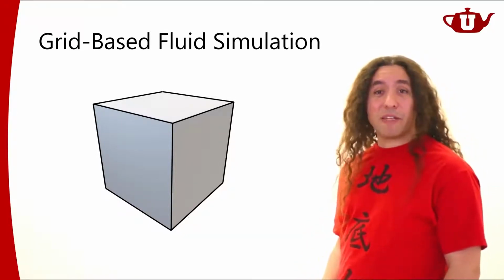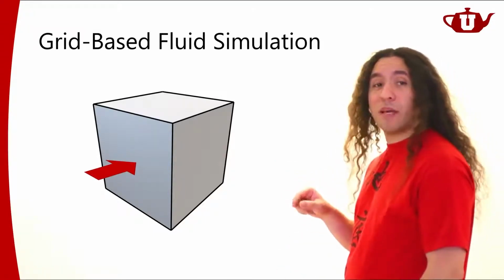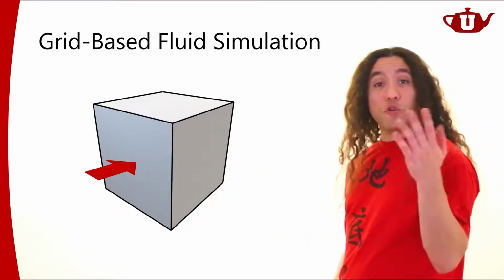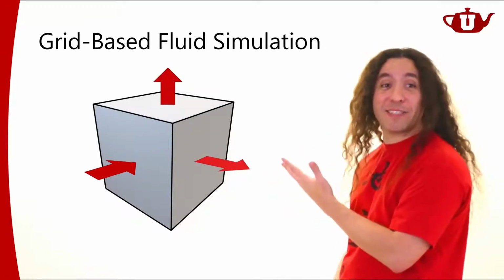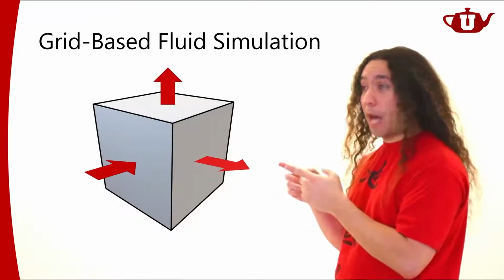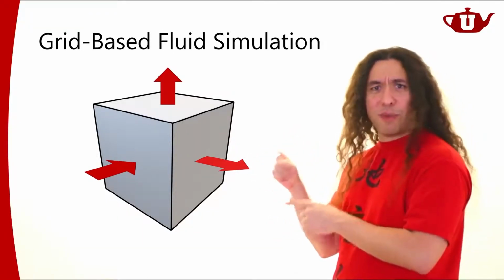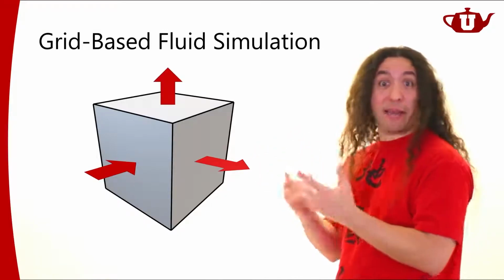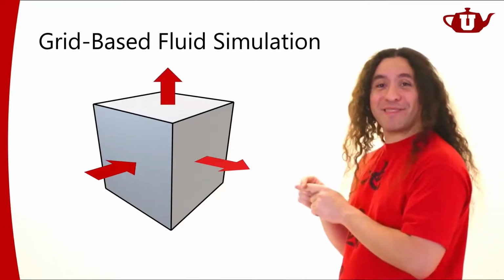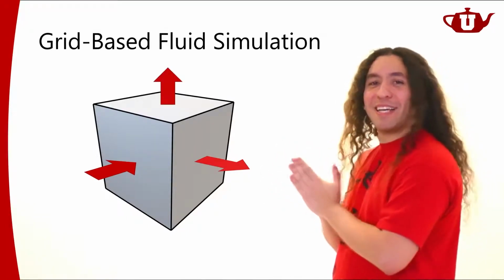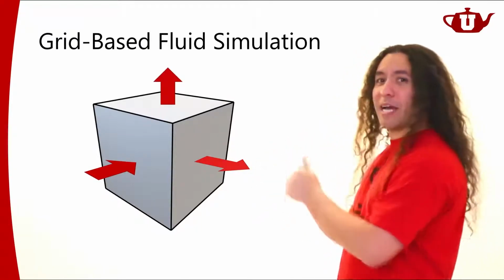If there's no divergence, that means the amount of fluid that goes into this volume from any one of its faces should be equal to the amount of fluid that comes out of its other faces. If that's not the case, then I would be compressing or expanding this fluid. If the fluid is not compressible, like for example water, we want to have no divergence. So we want to make sure that the fluid volume is being preserved here. Whatever comes in, comes out.